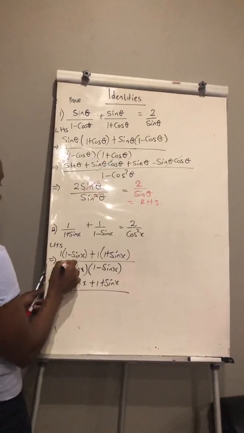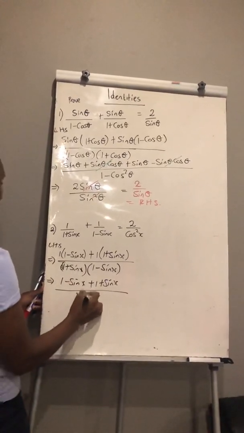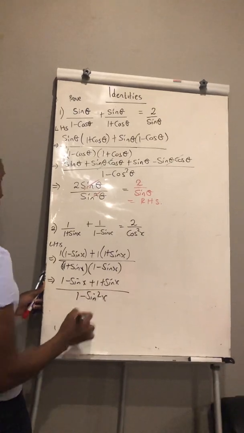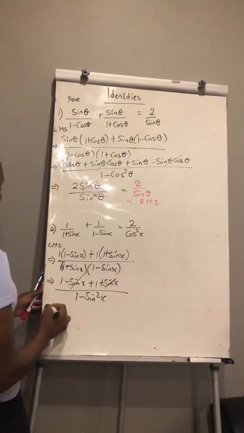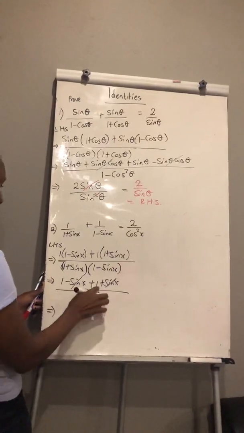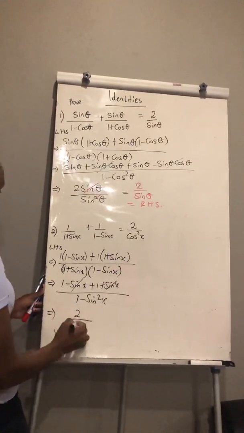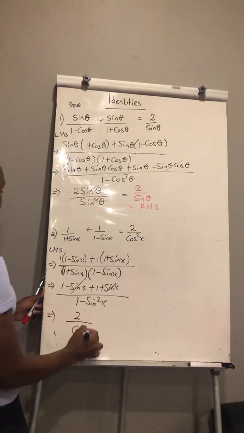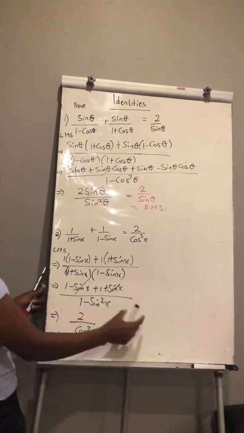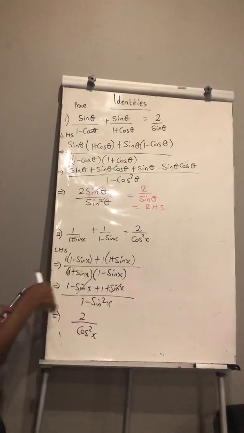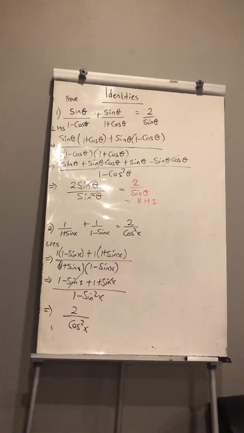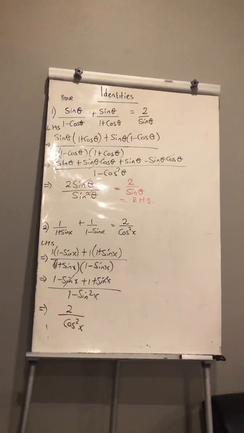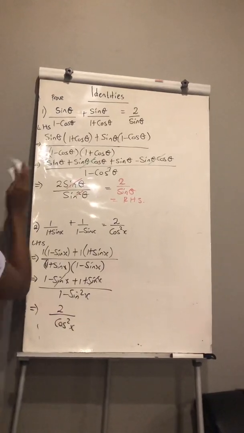And this here is a difference of 2 squares, which is 1 minus sine squared x as well. So now notice how that and that will cancel. And luckily we remember what 1 minus sine squared x is, right? And this will be cos squared x from what I told you on that identity. So this is again what to do over there. So copy that quickly. Let's go to number 3 and see what is expected of us.